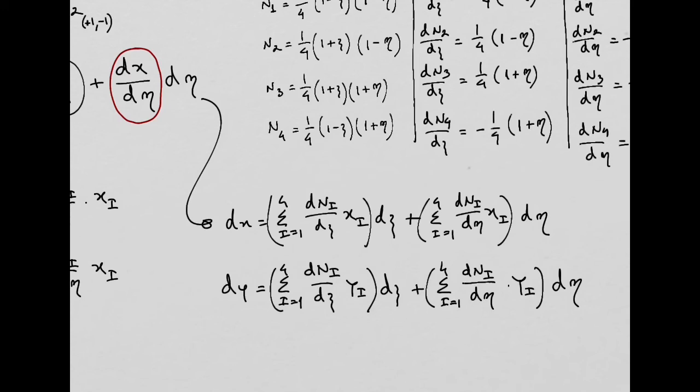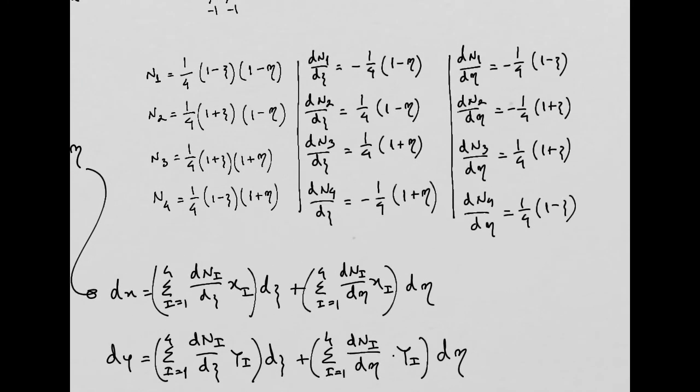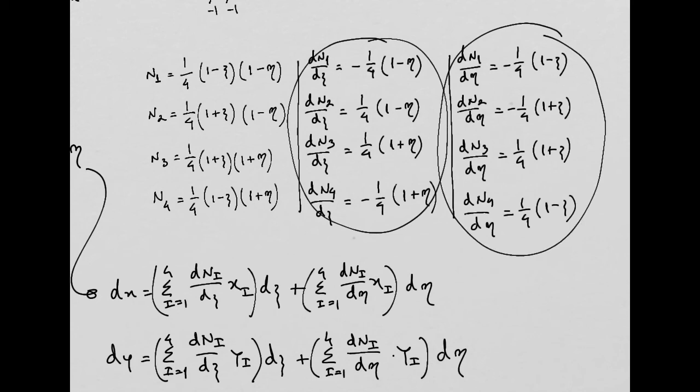Okay, so this is now very important, what we got. I'm just going to copy to a new page and go from there. So we are going to do a full example. So you might be thinking, okay, but this derivative of shape functions in order to xi and this derivative in order to eta, they still have xi and eta.